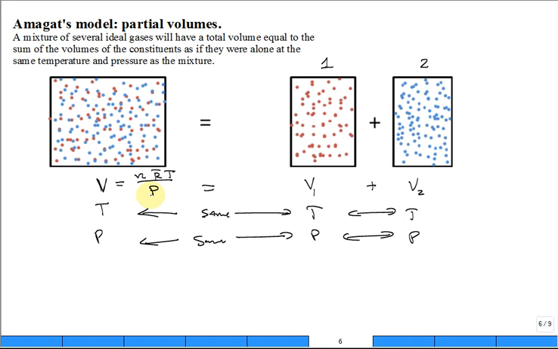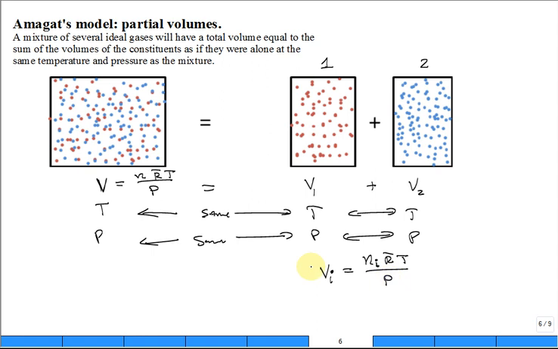And in general, you could write down the equation for the volume of any species component: V sub i is equal to the number of moles of i, R bar, at that original temperature and same pressure.